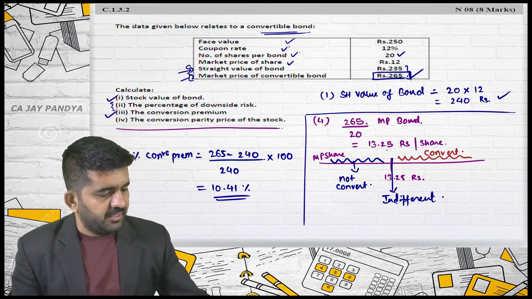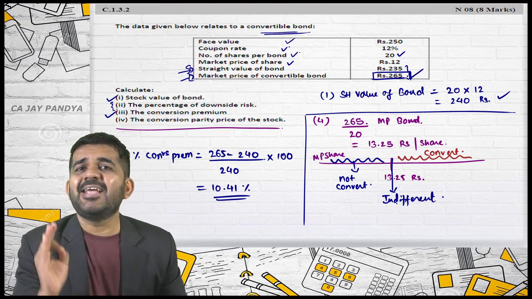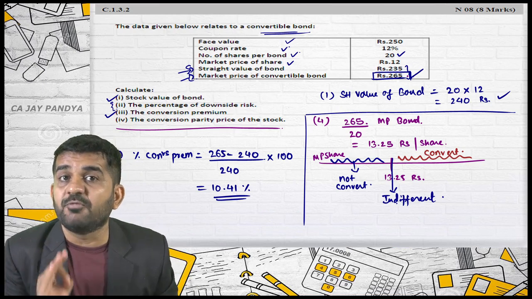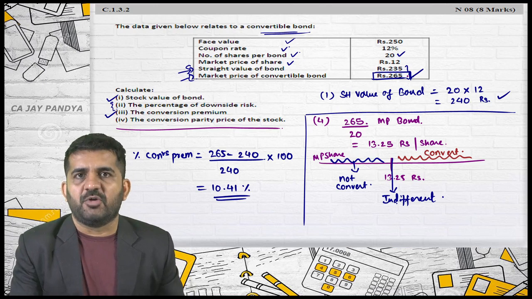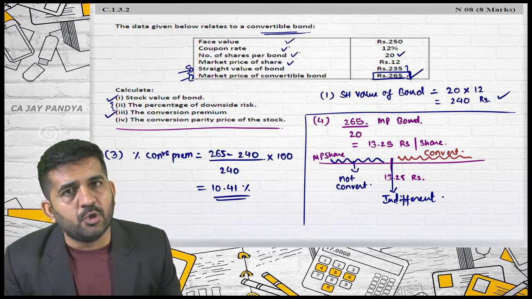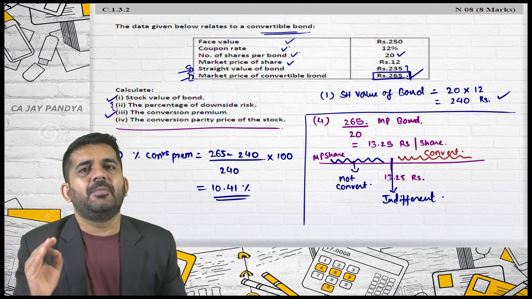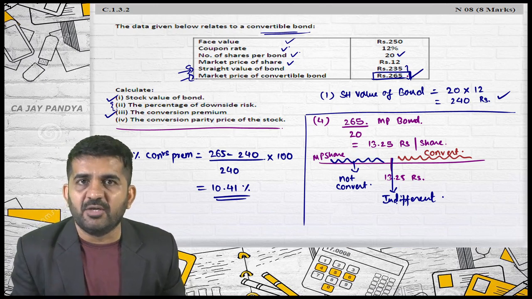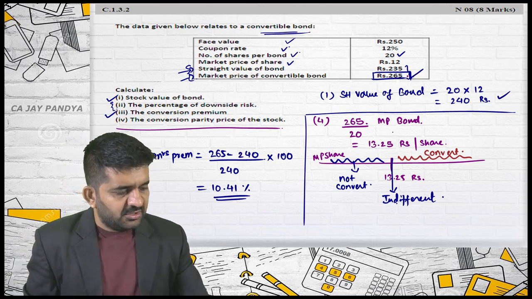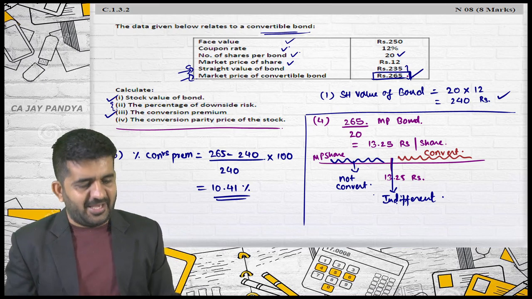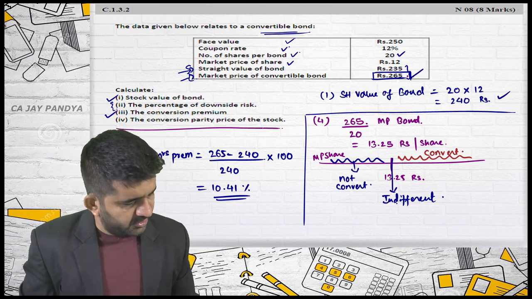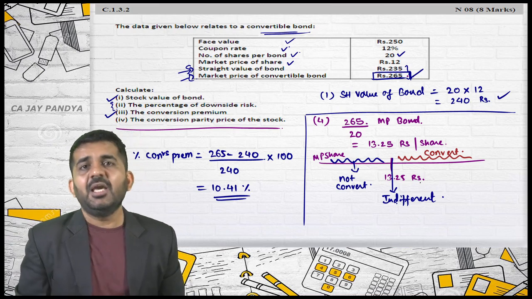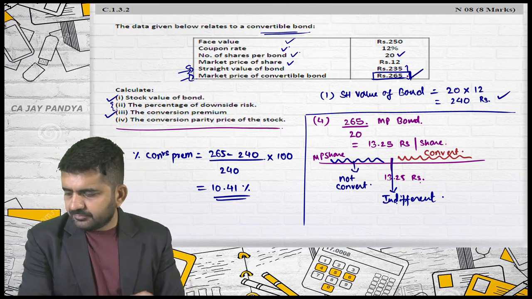So what does this mean? If the market price of the share is exactly 13.25, you are indifferent between converting or not converting. Whether you convert or not, it will not make any difference as far as your holding value is concerned. This type of price is known as the conversion parity price of the stock. This is 13.25 rupees. Is it alright?